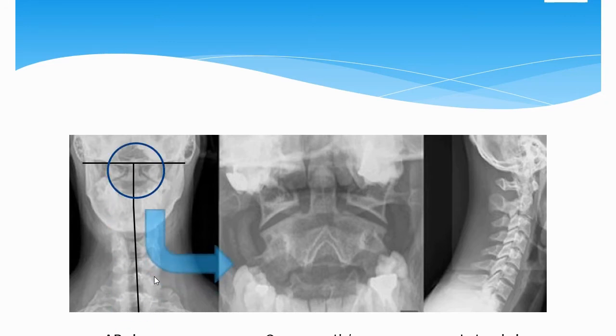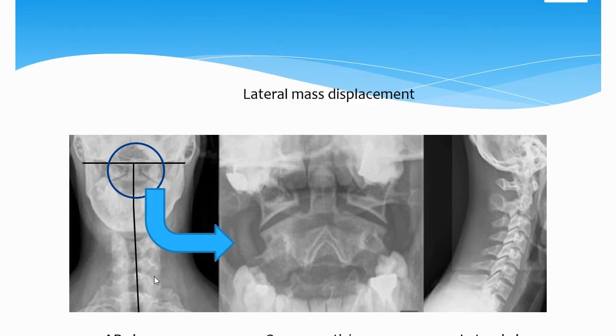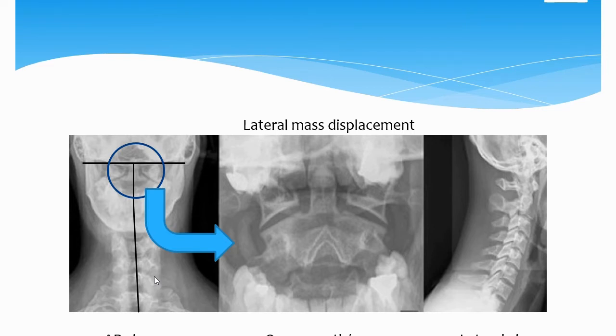We look at the structure behind the mouth in the open mouth X-ray, and we look again for different displacements and misalignments. For example, we look at the dens and the lateral mass of the atlas, how far they are. We look at side to side, and also at the atlas and axis facet joints, and again we compare the right and left side.